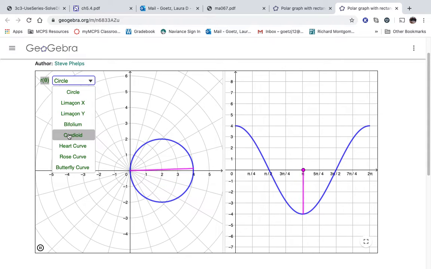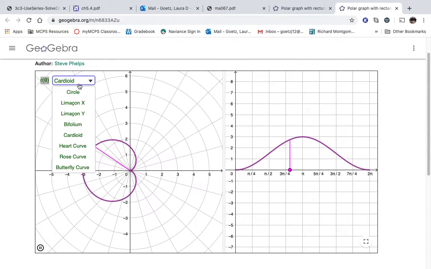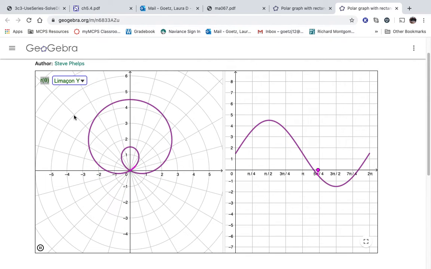They have a cardioid. Here's a cardioid. Can you see this one is a negative cosine, and hits the x-axis, kisses it. So the pole gets kissed. This is a cardioid. Cosine, so you're oriented left. I don't know if this one has a loop. Oh yeah, here's one.